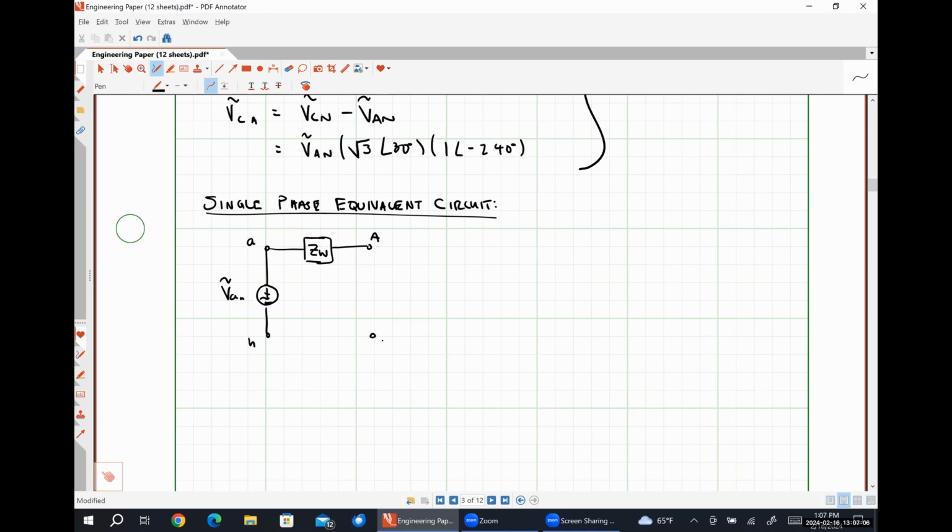Down here is our uppercase N terminal. Here is our load impedance ZY. And then there's our neutral conductor. So let me put the B phase circuit here.